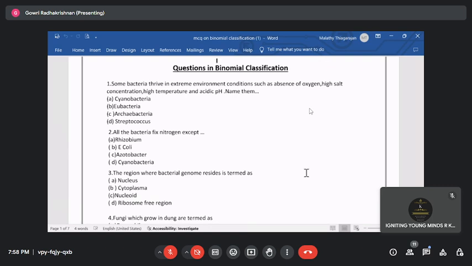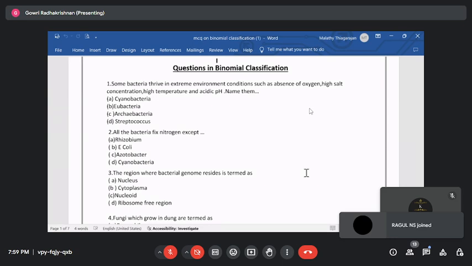It discusses all the categories of the classification. Can you tell me what the five different classifications are? Monera, Protista, Fungi, Plantae, and Animalia. Very good. So we are going to discuss all the 10 questions now.